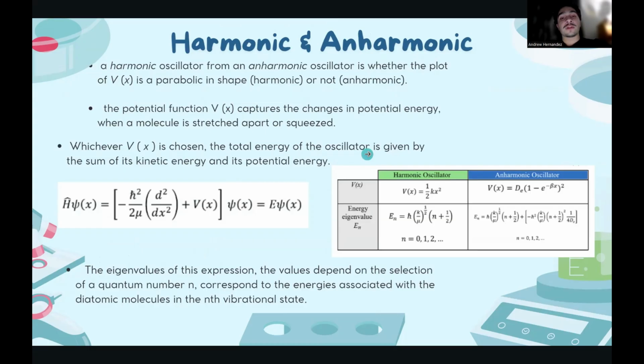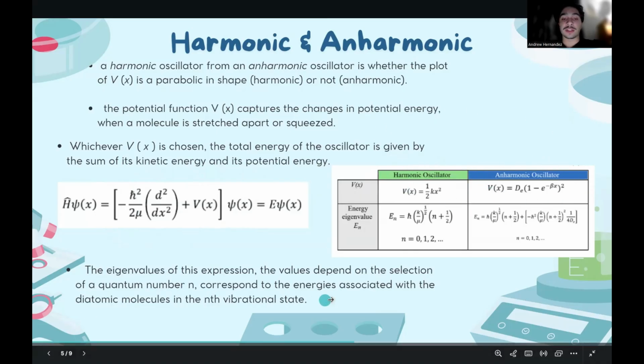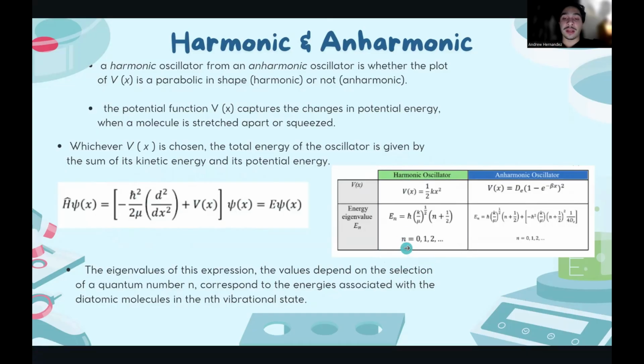The total energy of our oscillator system is given by the sum of its kinetic energy and its potential energy, as seen here. The potential energy depends on which system we are using, either harmonic or anharmonic, as seen here, and the eigenvalues of this expression depend on our quantum number n. And n can be any number from 0, 1, 2, and so on.